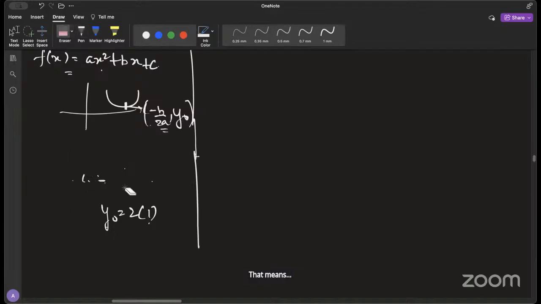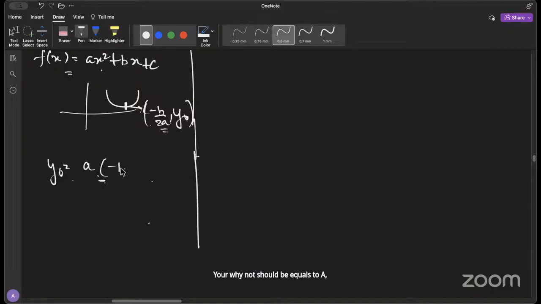That means your y naught should be equal to a times (minus b by 2a) squared plus b times (minus b by 2a) plus c, right? Yes, ma'am. Okay.